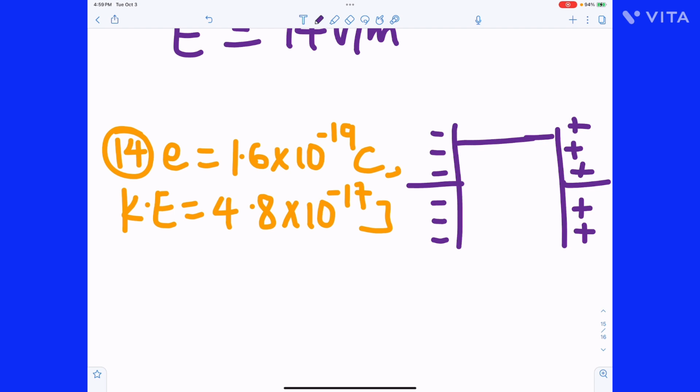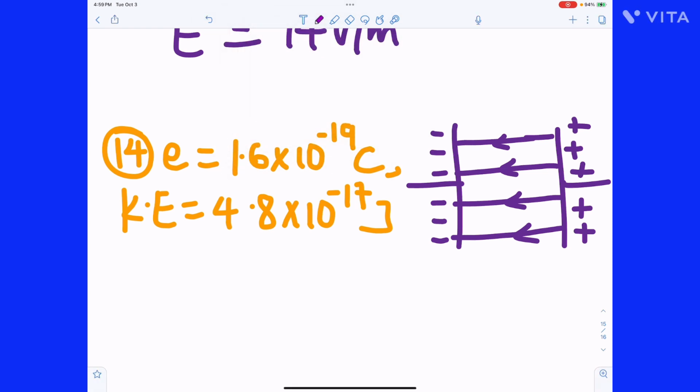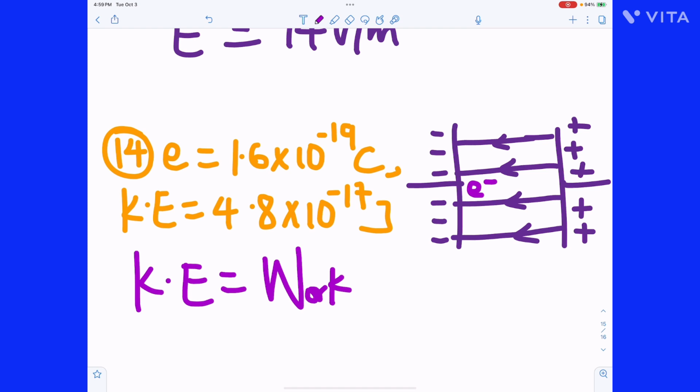Electric lines of force are drawn like this. Can you see? So electrons must have enough energy to move against those lines of force. So we always say that the kinetic energy of the electron will be equal to the work done on the electron by the electric field.